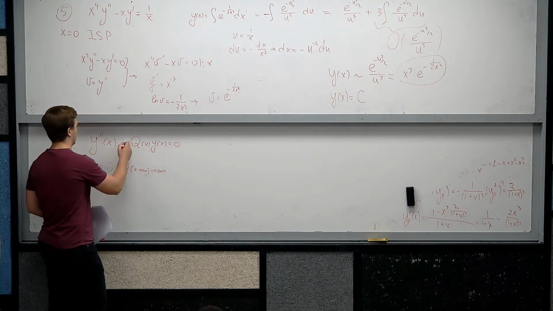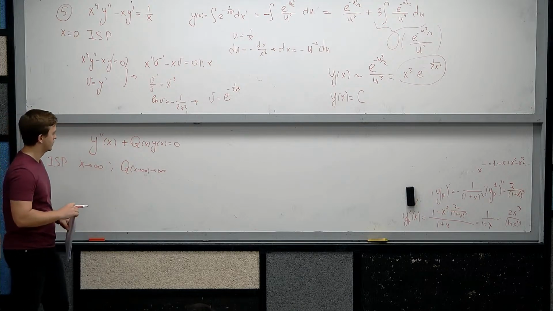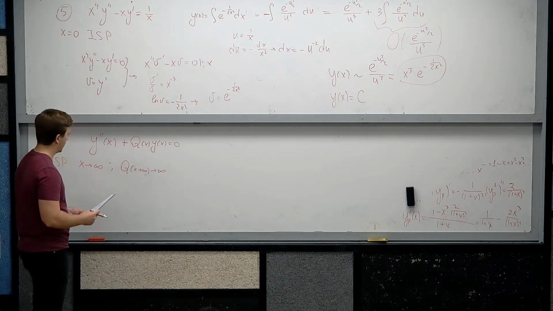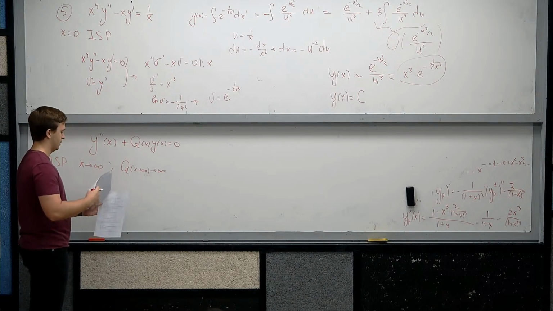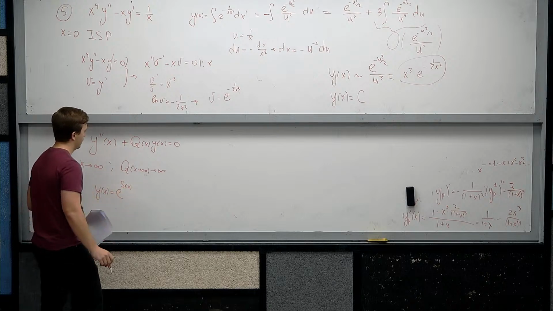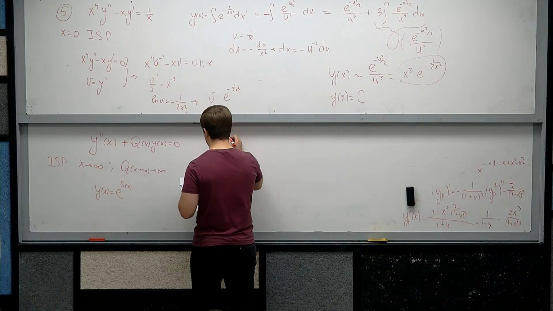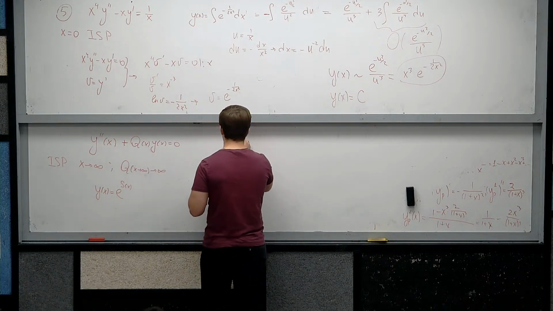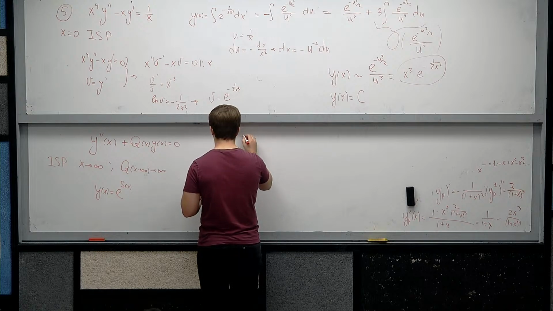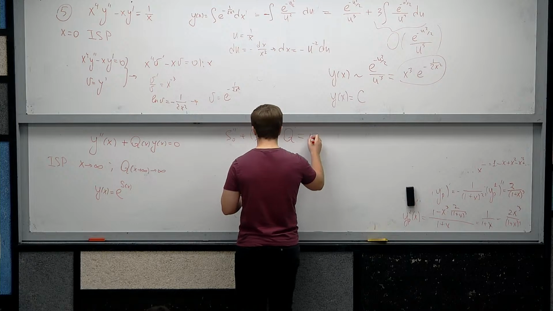But now let's do it with some general function q of x. Again, on the first step, we will assume that the solution has this form. And then we plug this into the equation. We will get s naught double prime plus s naught prime squared plus q equals 0. Okay.